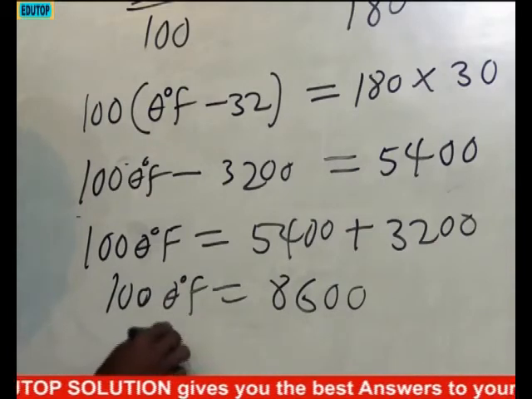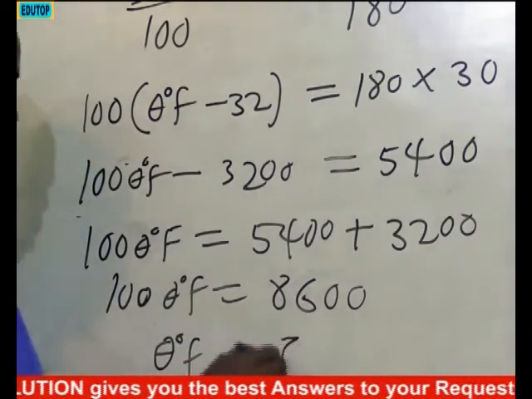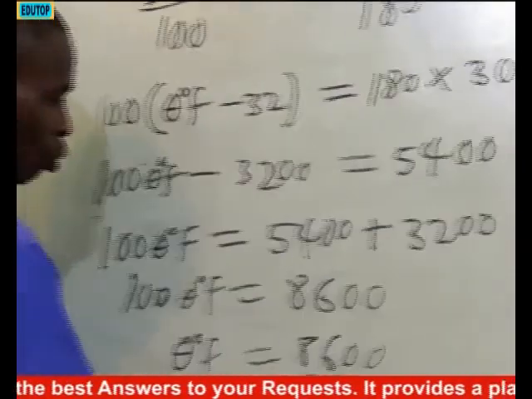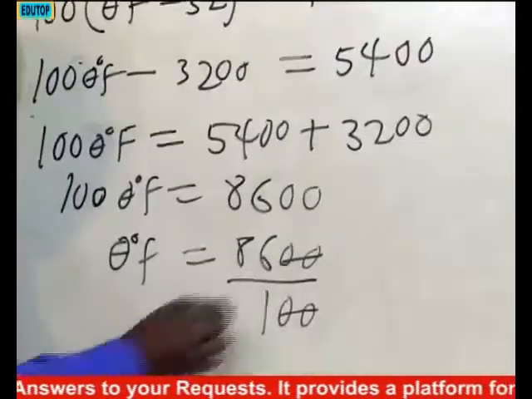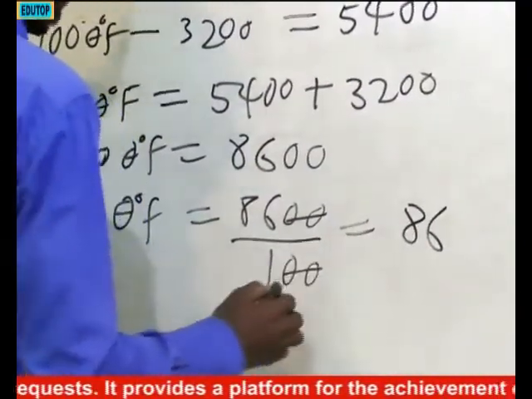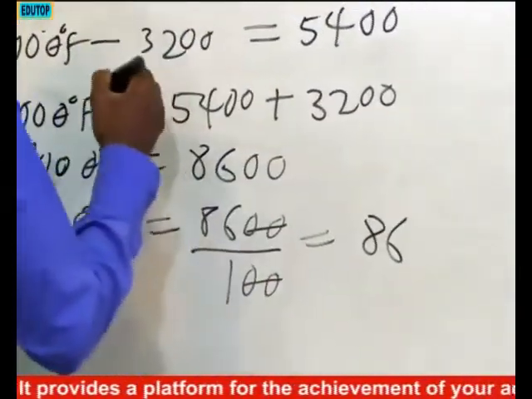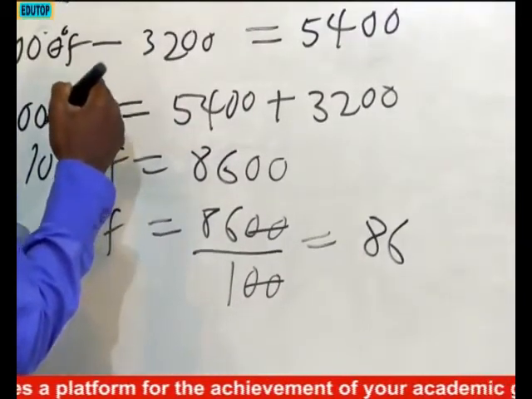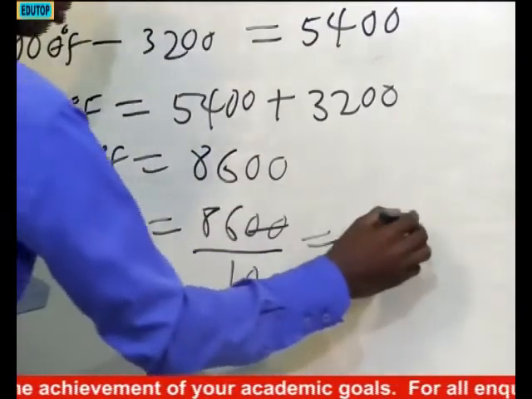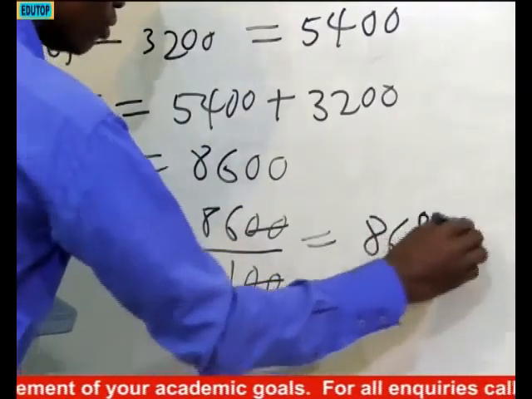So that in Fahrenheit, it will be equal to 8,600 divided by 100. And what we are going to have at the end of the day will be equal to 86 in Fahrenheit.